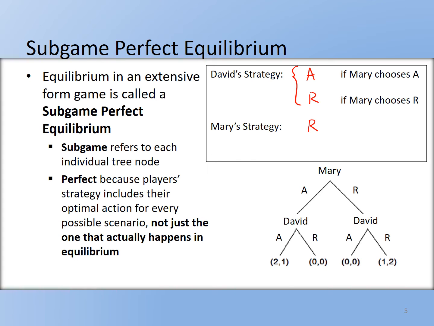Mary always chooses R, and David chooses R if Mary chooses R, and A if Mary chooses A. Once again, we have to specify what David would do even for cases that never happen. Is that realistic? Probably not, but this is the way it works in game theory. We'll talk more about whether this is realistic in a moment, but probably not.